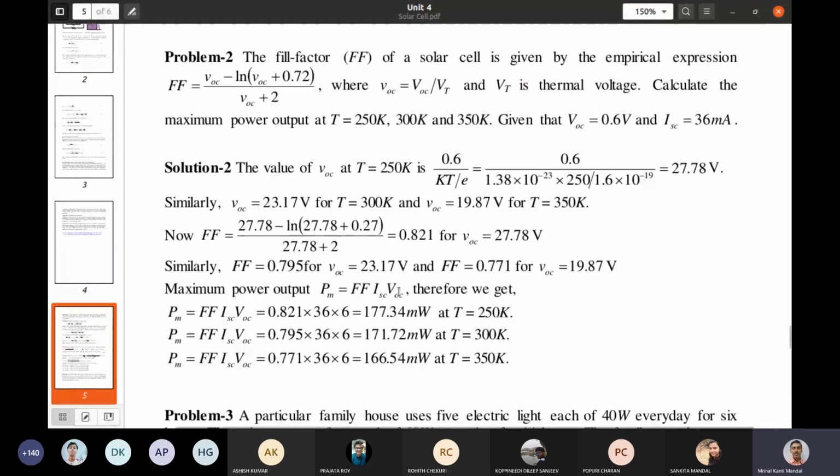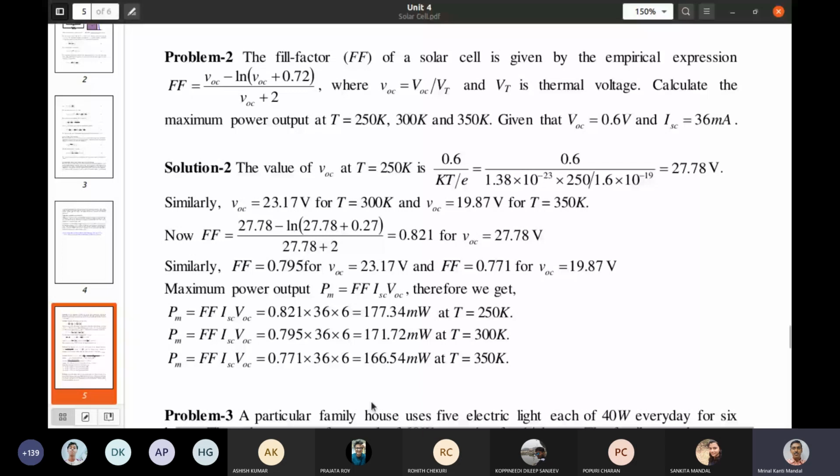So using this we can calculate the maximum output power, like this. So these are the maximum power outputs.